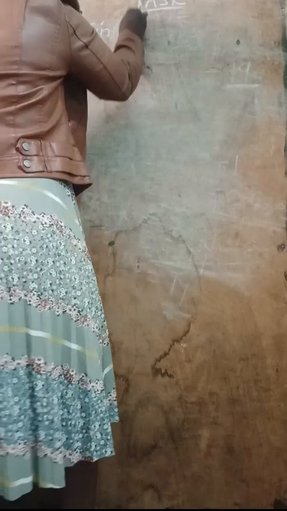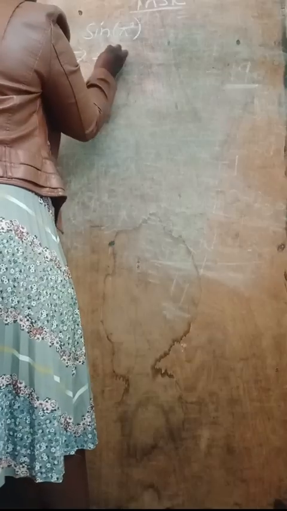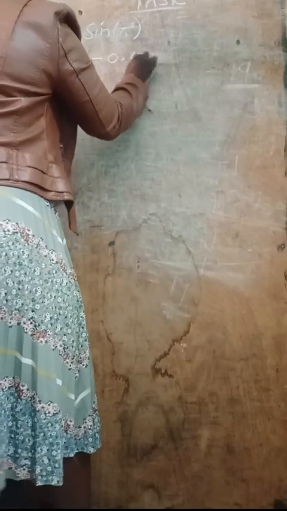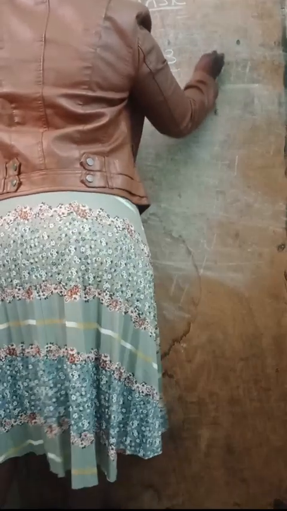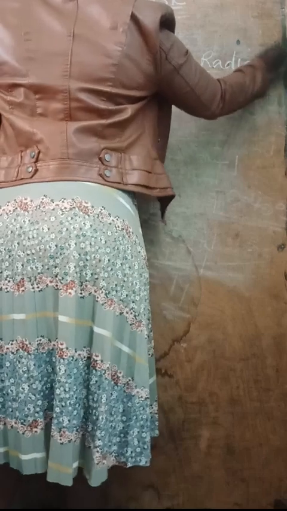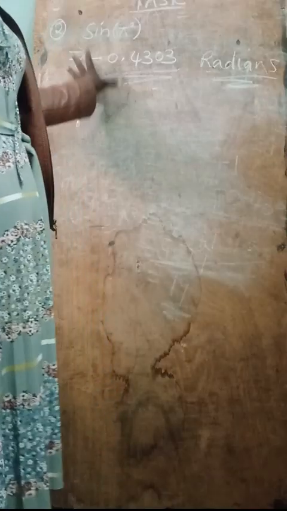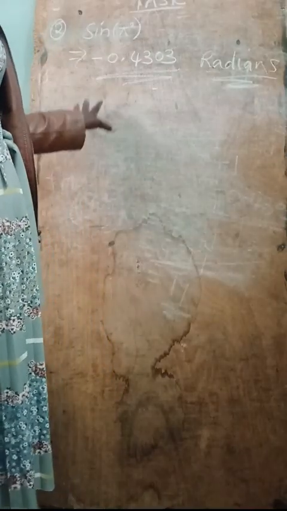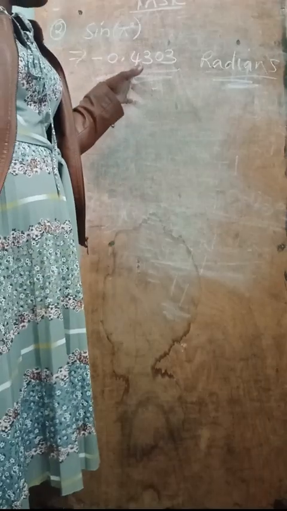After simplifying sine pi squared, we were supposed to find negative 0.4303, because we have to leave our answer in radians. So in the second question, after simplifying everything, we were supposed to find this one. If we didn't find this one, we need to revisit our answers and do the correct thing.